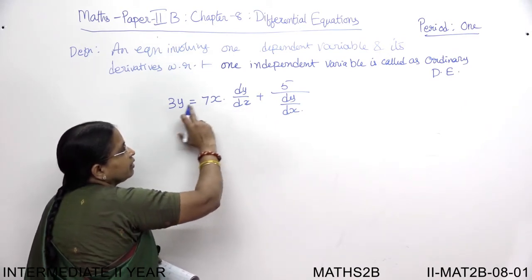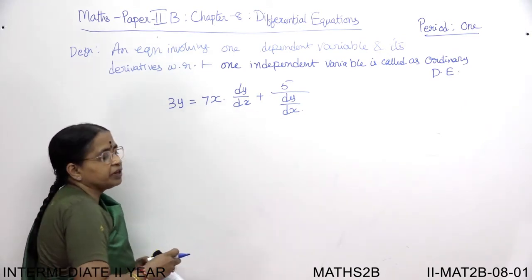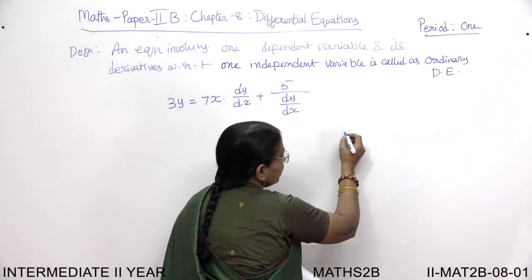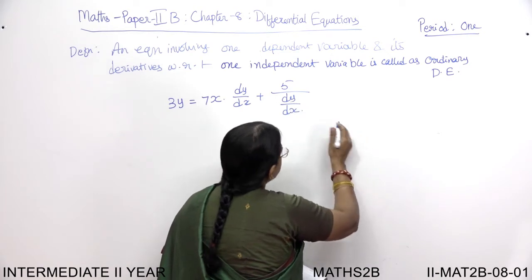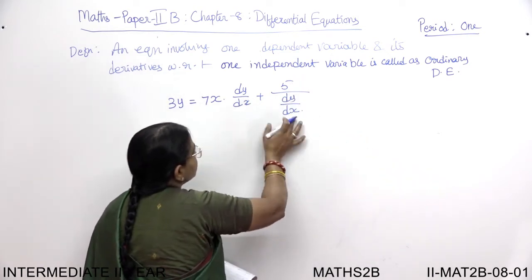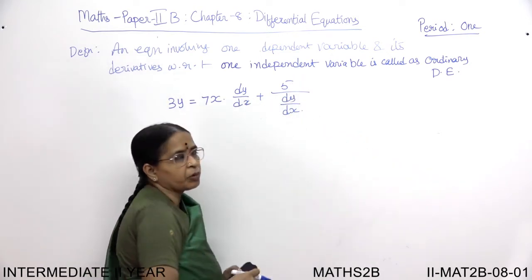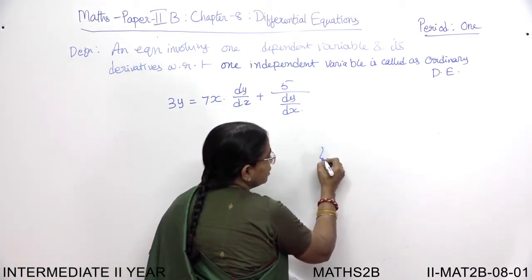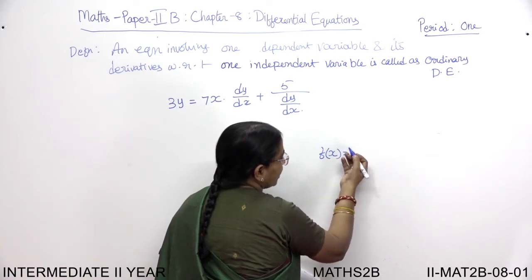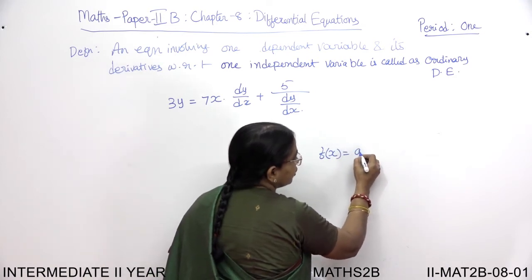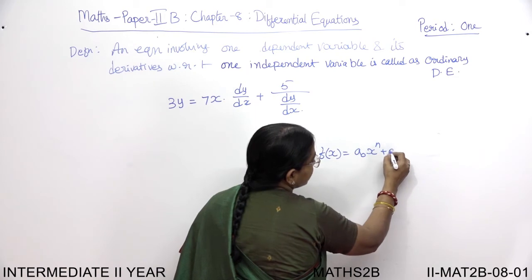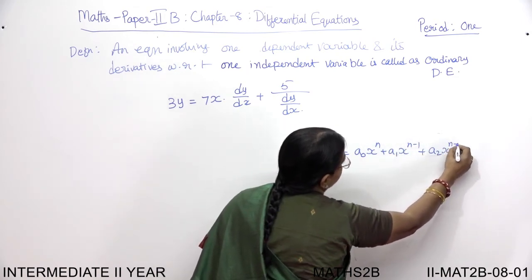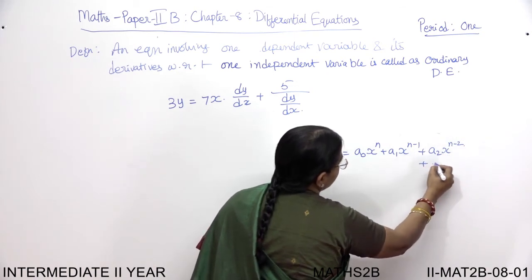To find the degree, first you must make the equation free of fractions, with the derivatives in the numerators. It should be like a polynomial equation in the derivatives. What is a polynomial equation? Suppose you have a polynomial f of x is equal to a0 x power n plus a1 x power n minus 1 plus a2 x power n minus 2, and so on, plus an.